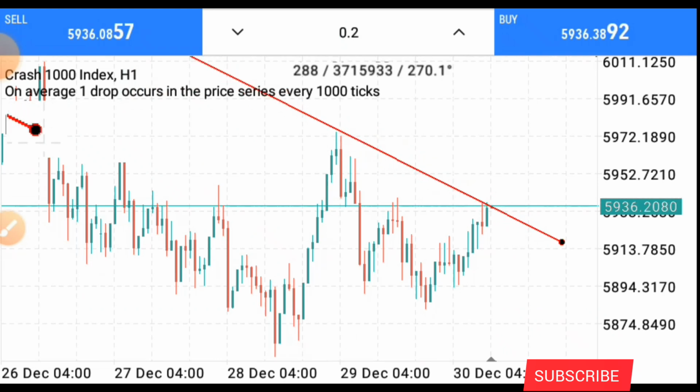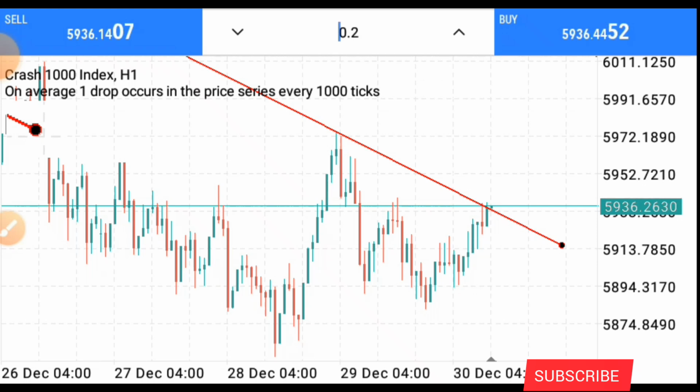I want to use the wick of the candle. Whenever you are drawing your trend line, make sure you are using the wicks, the tips of the candle. So now you can see price is breaking above the trend line.